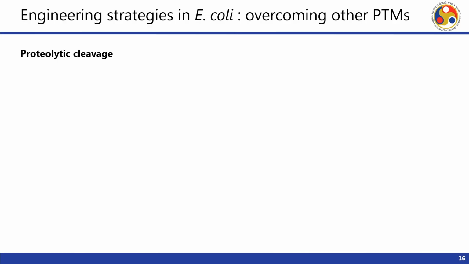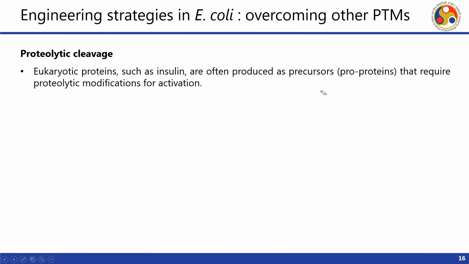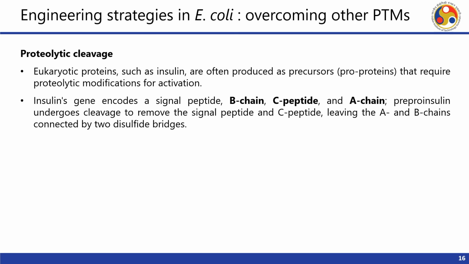Let us now discuss other engineering strategies for overcoming other kinds of post-translational modifications. Let us begin with the proteolytic cleavage. Eukaryotic proteins such as insulin are often produced as precursors, which we call proproteins, that require proteolytic modification for activation. The insulin gene encodes a signal peptide, B chain, C peptide and A chain.